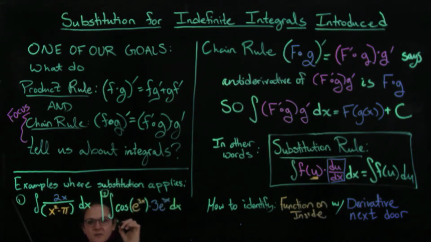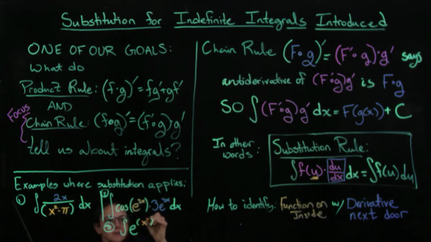I feel like I can squeeze another example in here, so let's do an example 3, very carefully. What if I want to take the integral of e to the, maybe I could have x squared in there.